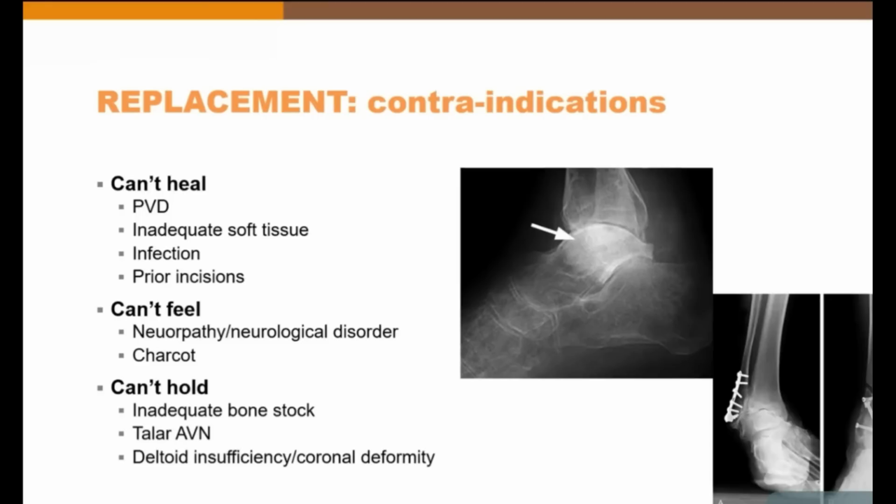And then coronal plane deformity, so insufficiency of restraining structures that can't be made up for with other realignment procedures, which are oftentimes done in conjunction with arthroplasty, and where fusion is a much more reliable option.